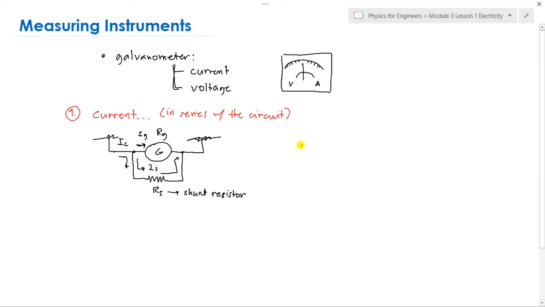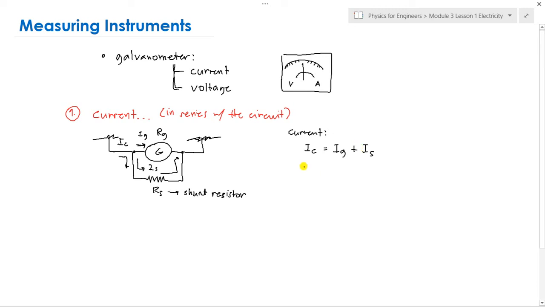So by Kirchhoff's law sa node starting with the current, IC, the current coming from the circuit, is equal to the current that will go to the galvanometer plus the current that will go to the shunt resistor.